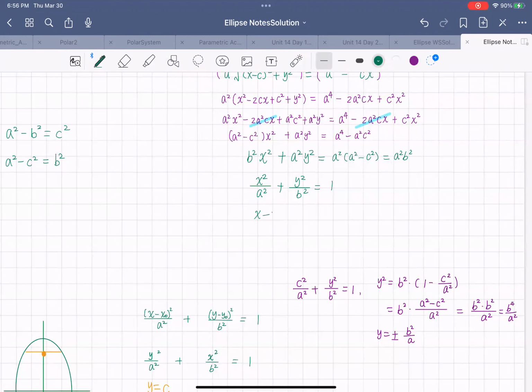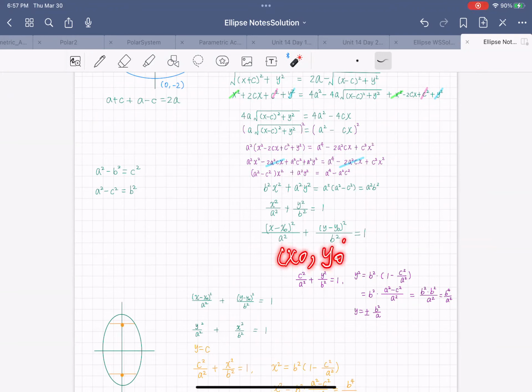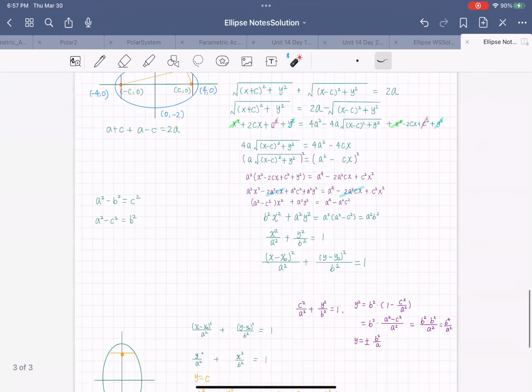So you do (x minus x0) squared over a squared plus (y minus y0) squared over b squared equals 1, if your center is not at 0, 0 but at x0, y0. This is the horizontal ellipse.